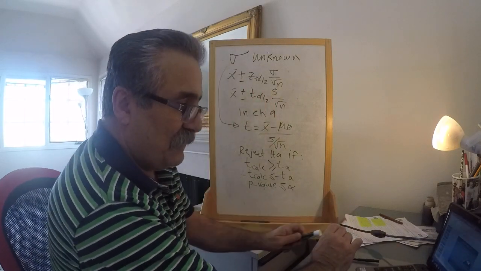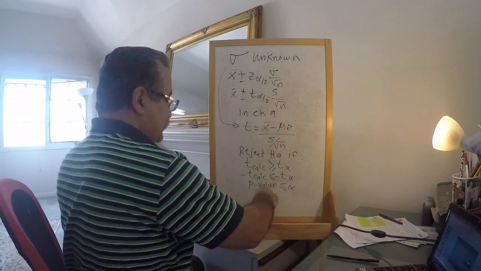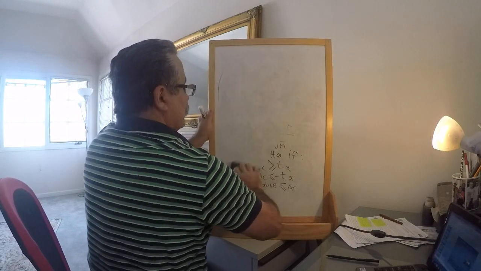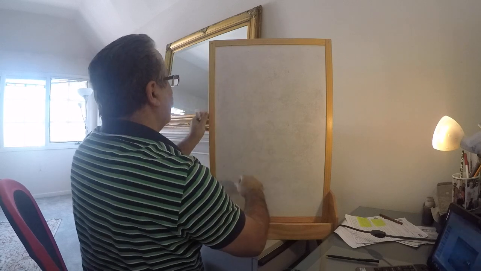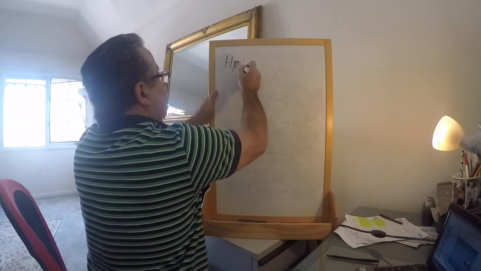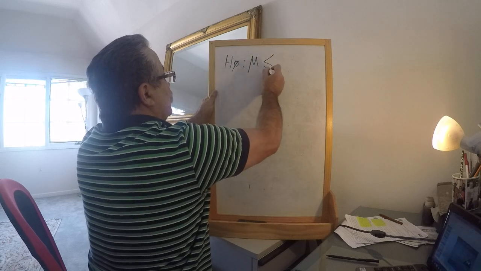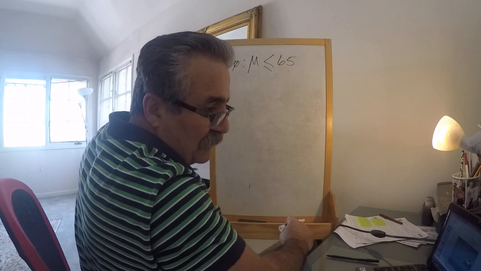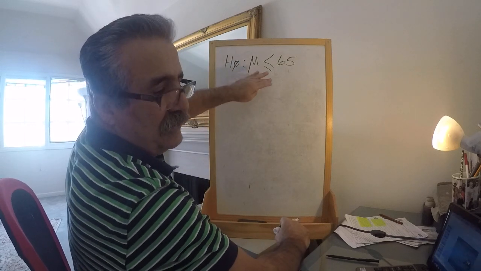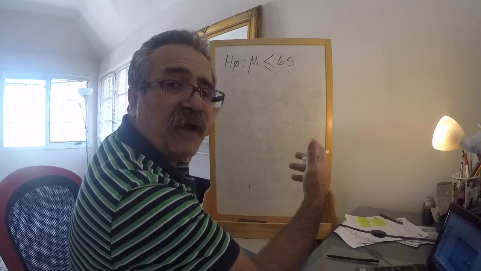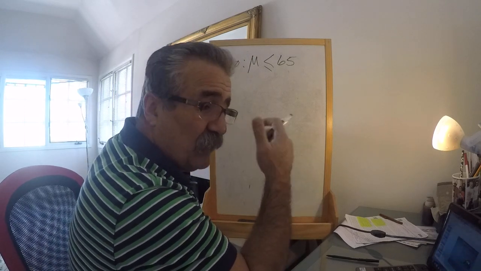This is their null hypothesis, which states that the mu is less than or equal to 65 miles. I think this is wishful thinking. Who drives 65 miles or less nowadays on the freeways?